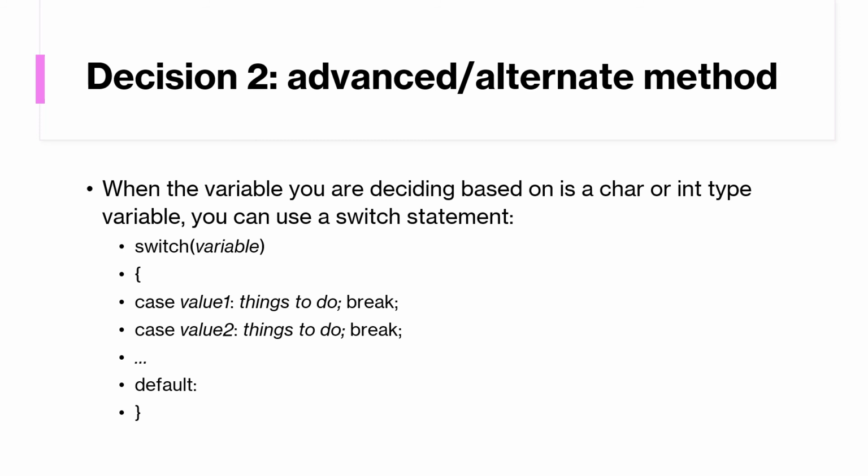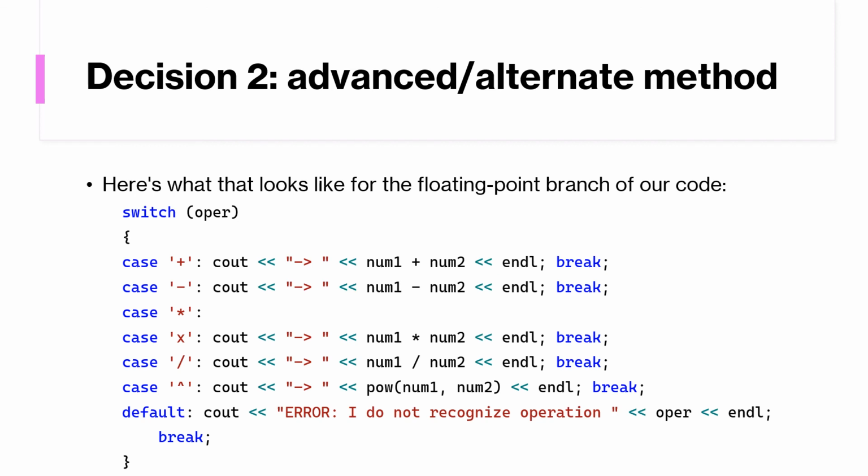Then it has a list of statements that you want it to do, each followed by a semicolon, and then you end each case with the break operator. Let's see how that works in real life, because it's much easier to see it than to explain it.